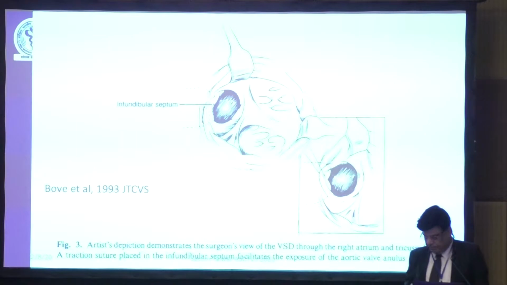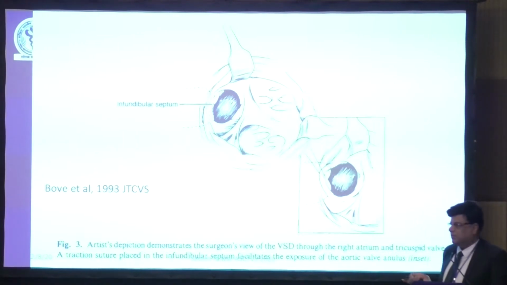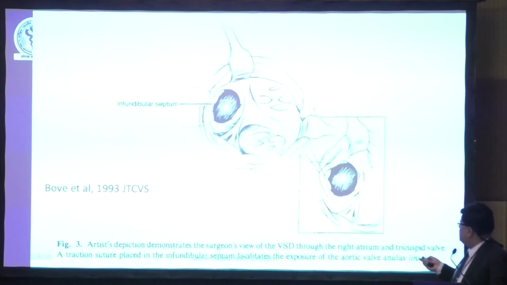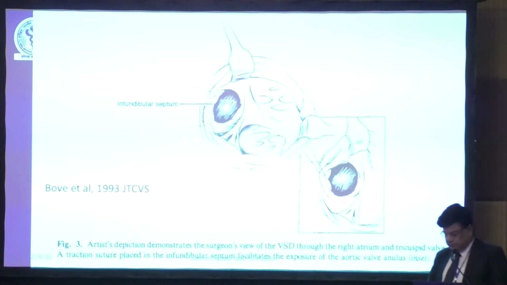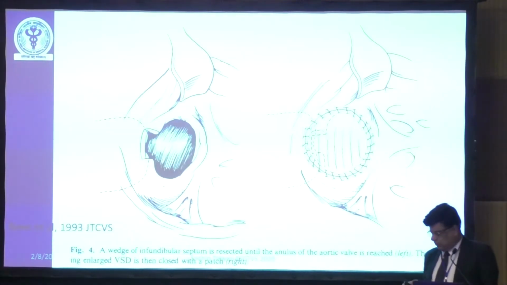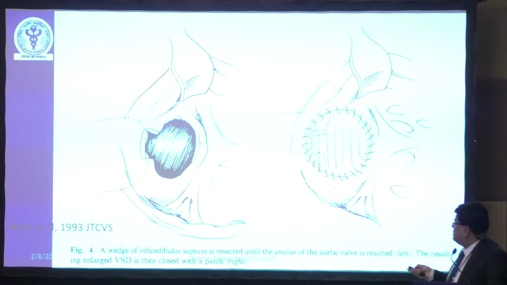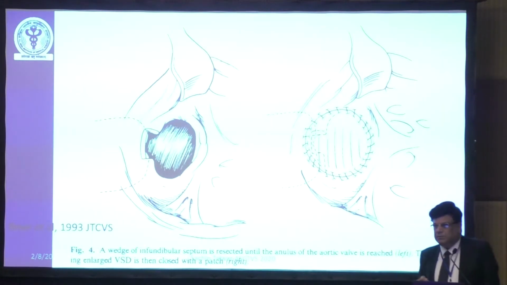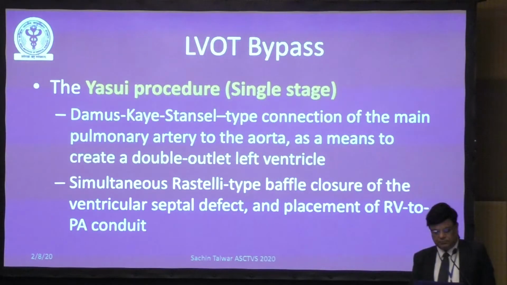This is the picture which shows that you're looking from the right atrium, you elevate the tricuspid valve, and then you resect in such a way here so that your VSD gets enlarged. And you can see that the coronal septum has been enlarged in this direction, and then the VSD is closed, bringing it towards the left side of the coronal septum.